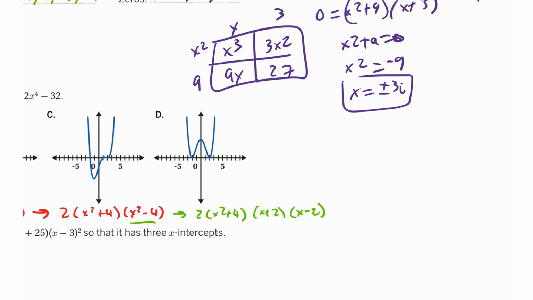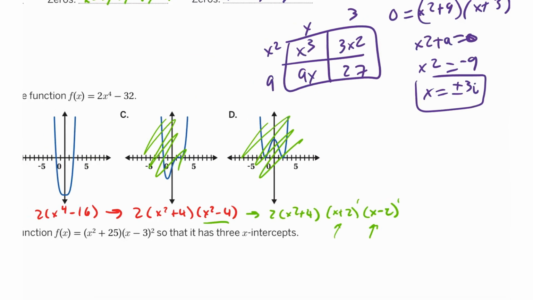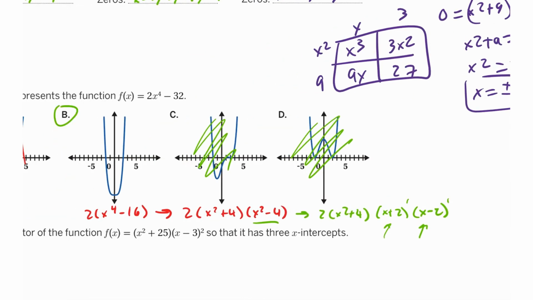Once I factor this, I see that there are only 2 real zeros here, positive 2 and negative 2, and they both have just a multiplicity of 1. So it's not going to be D and it's not going to be C because there's only 2 real solutions. So I know that it has to be B.